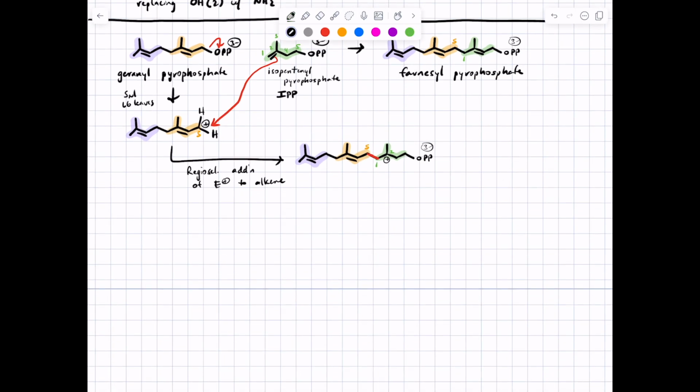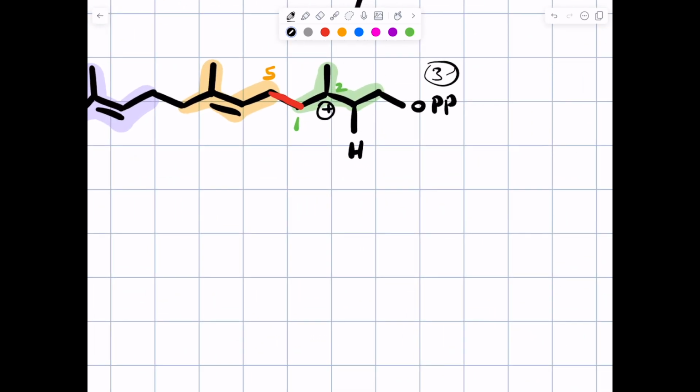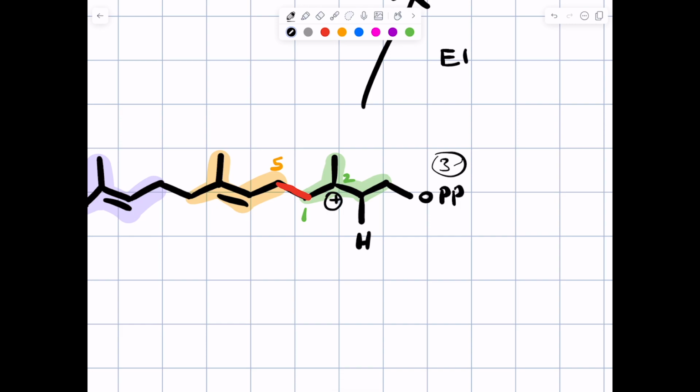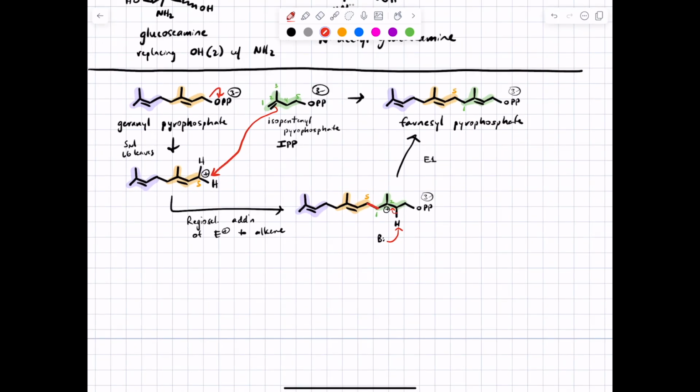And then the final step to get to farnesyl pyrophosphate basically consists in an E1-like elimination step. A base, either from solvent or within the enzyme, removes the proton that's adjacent to the positive charge, and we do elimination chemistry. That puts the new pi bond here between 2 and 4.